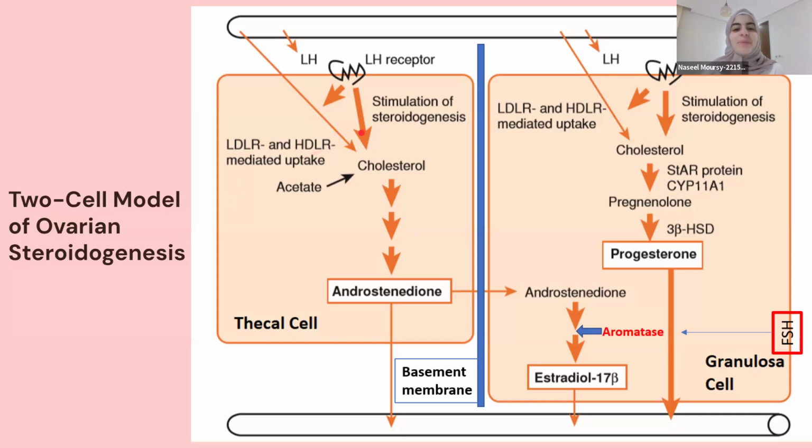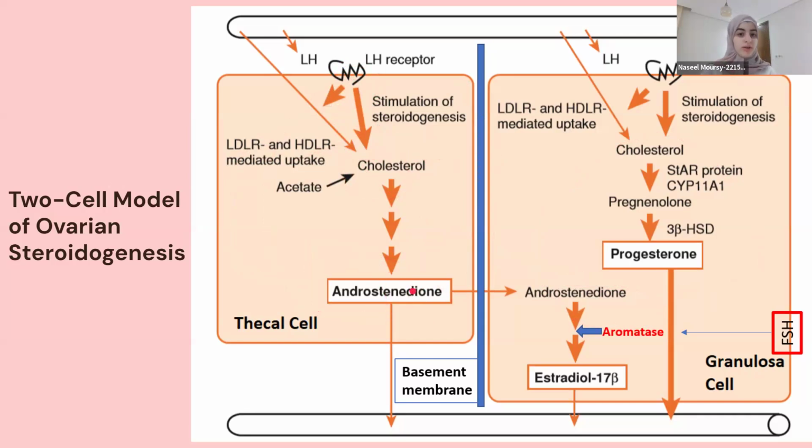Here we have the thecal cell, the basement membrane in blue, and the granulosa cell. We'll start with the thecal cell. The thecal cell mainly responds to LH. So you have LH receptors, and when these are stimulated, you get steroidogenesis, the conversion of cholesterol into androstenedione.